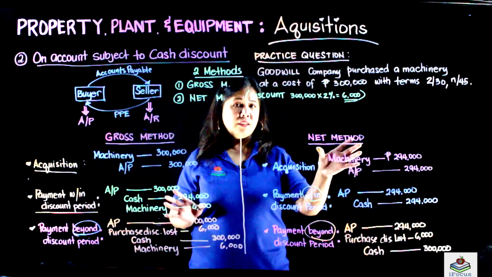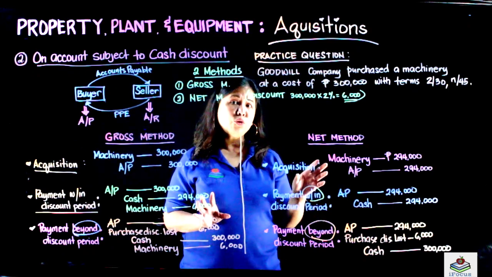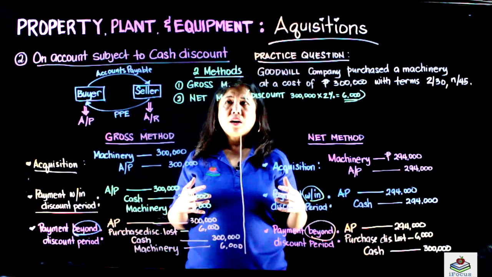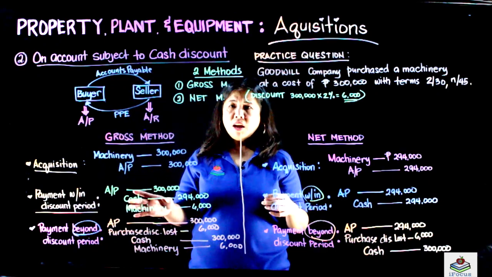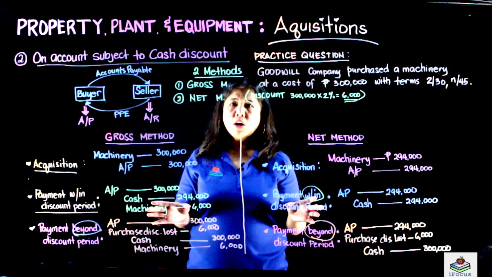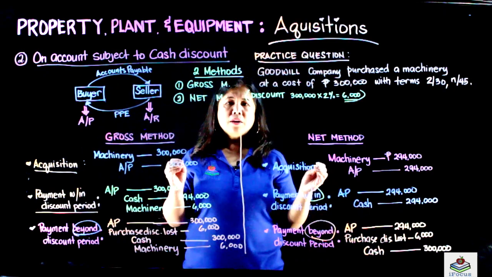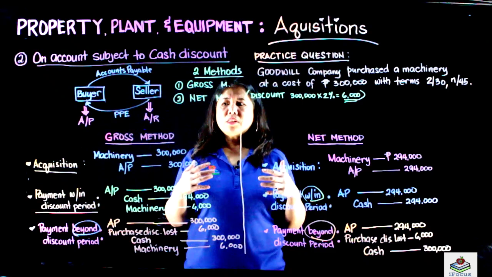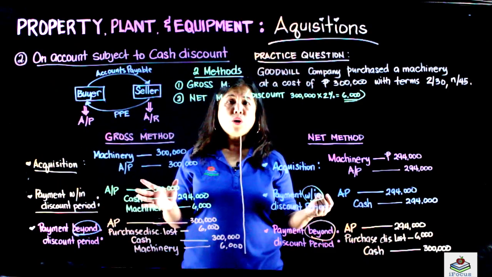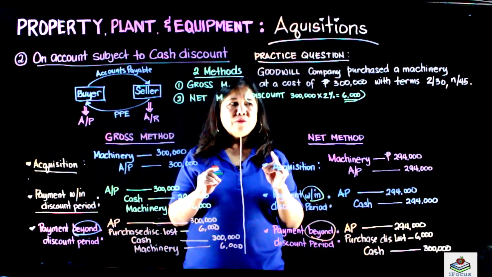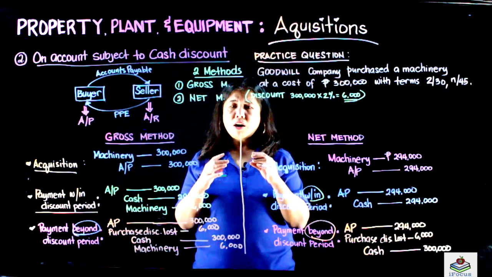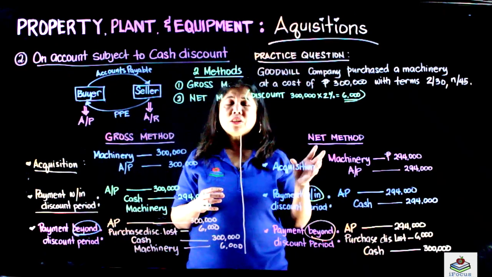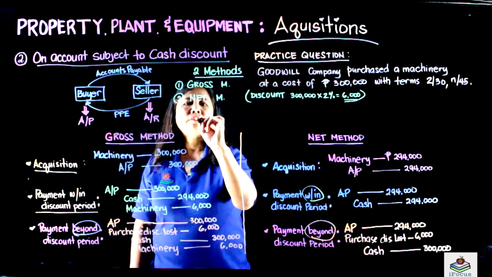Dito naman sa net method, parehas lang na 294,000. Whether the company pays the machinery within the discount period or beyond the discount period, ang machinery natin, ang PPE natin ay the same amount of 294,000. Therefore, ang cost of the asset is equal to the purchase price minus the cash discount.